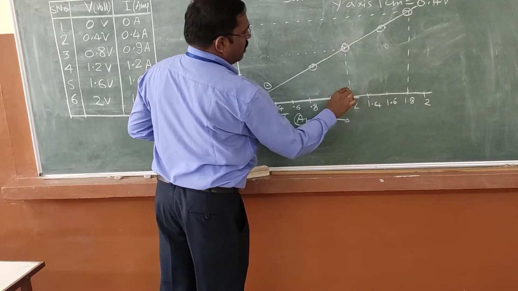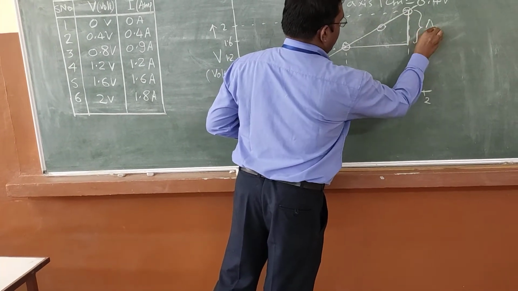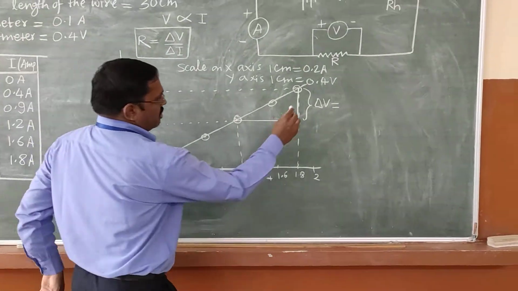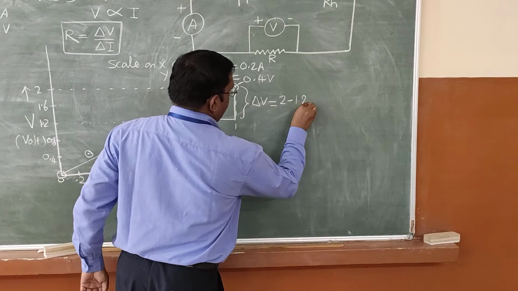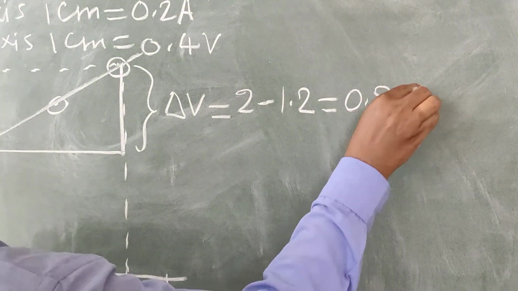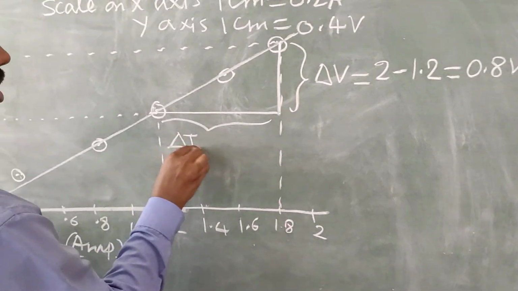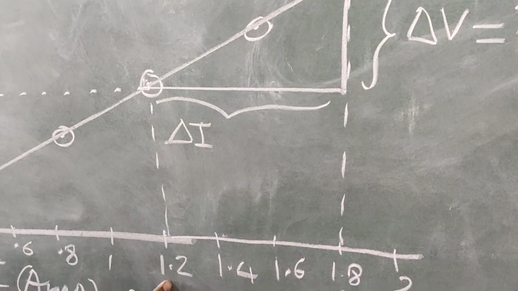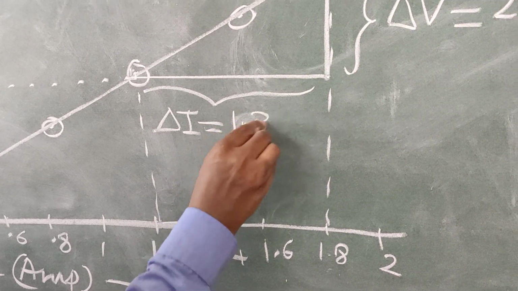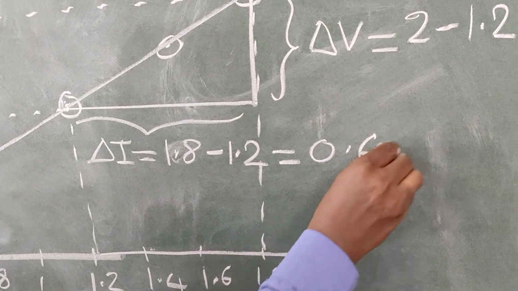This variation is delta V: 2 minus 1.2, so it becomes 0.8 volt. And this variation is delta I: 1.8 minus 1.2, so it becomes 0.6 ampere.